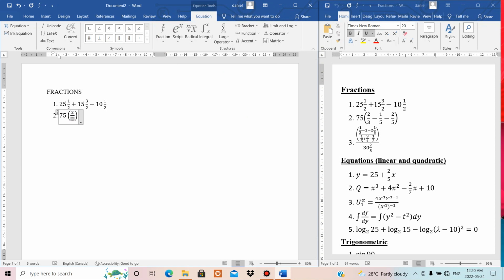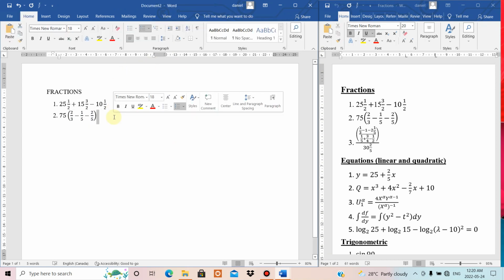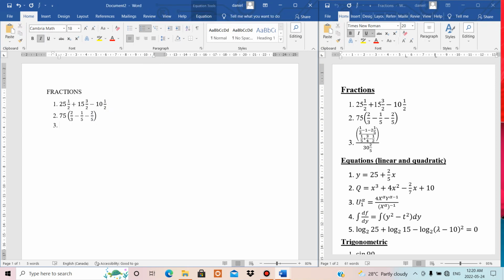So 2 on 3 minus, you have your fraction 1 on 5 minus the last 2 on 5. That is it. The third fraction, so now we've seen how if you have a bracket which contains fractions, you indicate it in your Microsoft Word.